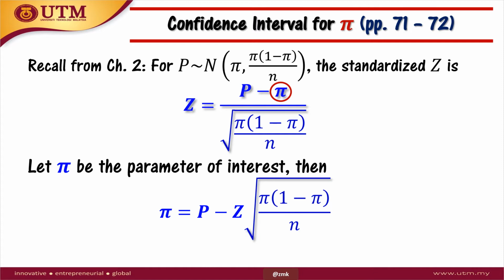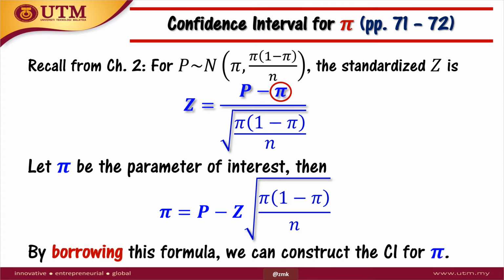Do you agree with me? It is obvious, isn't it? By borrowing this formula, we can then construct the confidence interval for the unknown population proportion of success or failure denoted by pi that I will explain in the next slide.